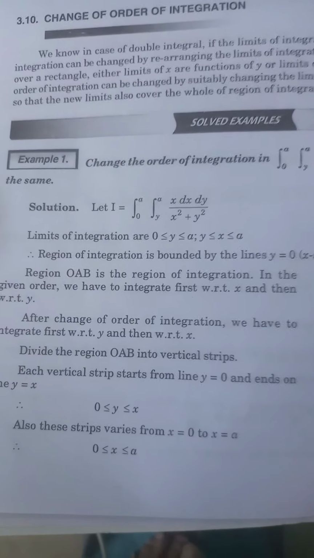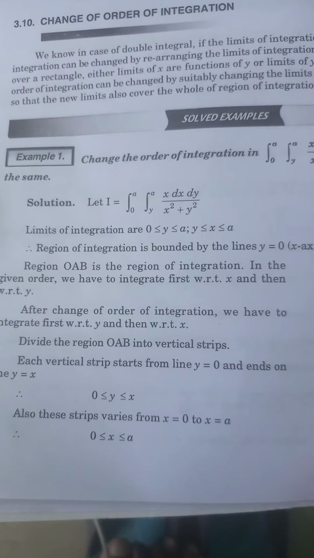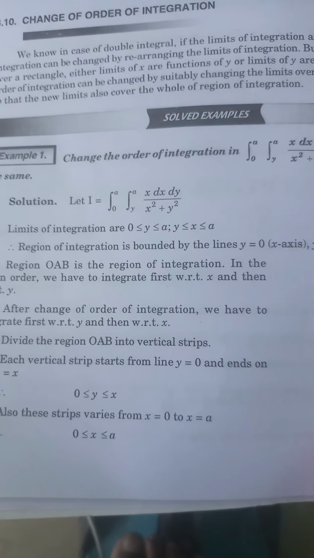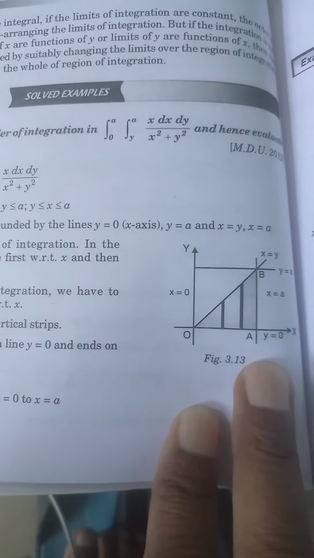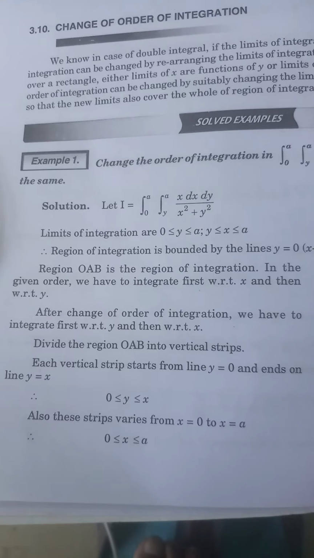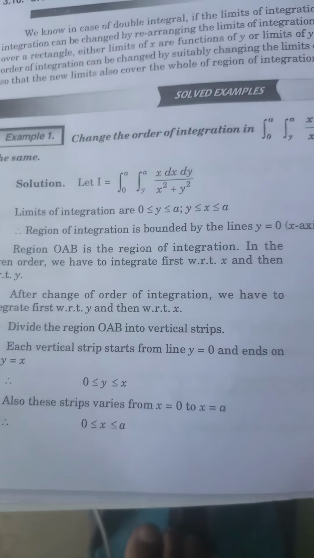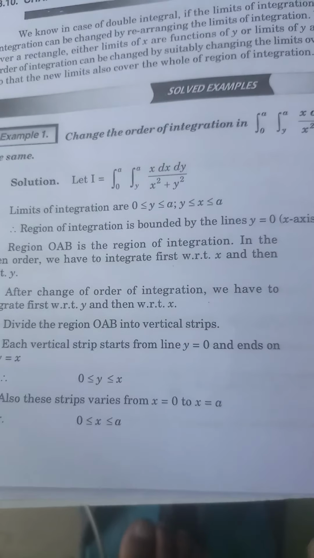Therefore the variation of y is 0 ≤ y ≤ x. Also this strip varies from x = 0 to x = a. So the variation of x is 0 ≤ x ≤ a.